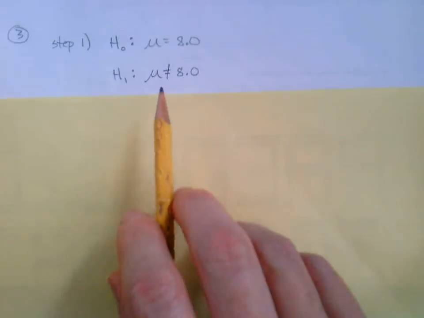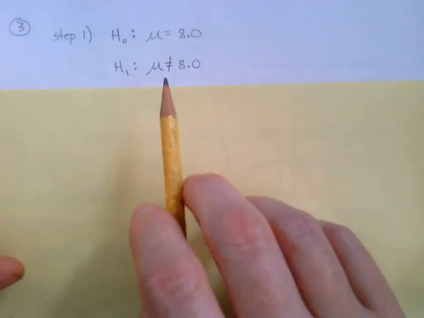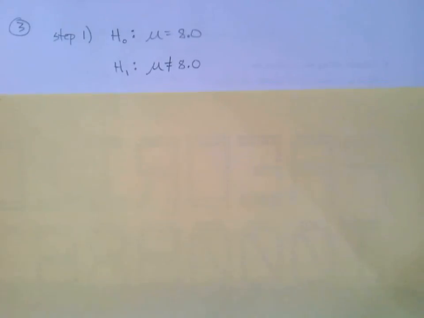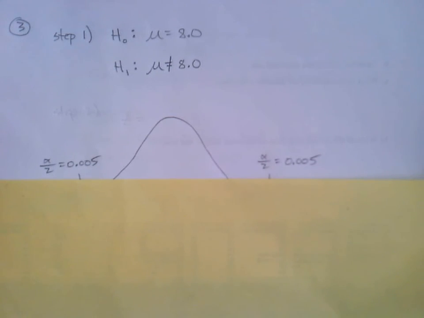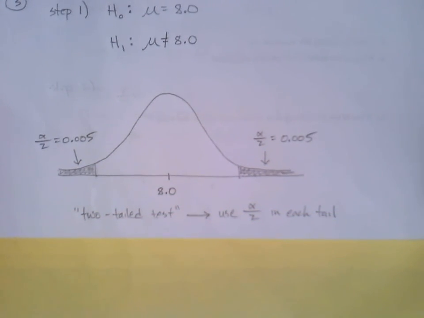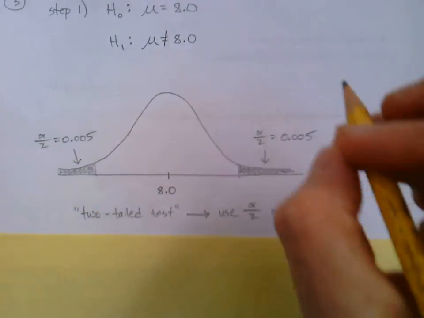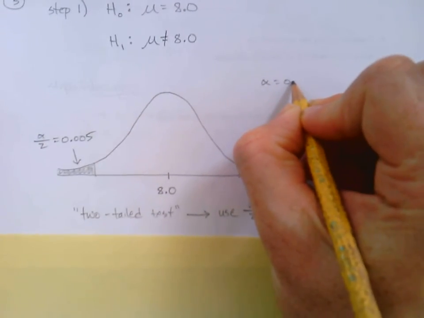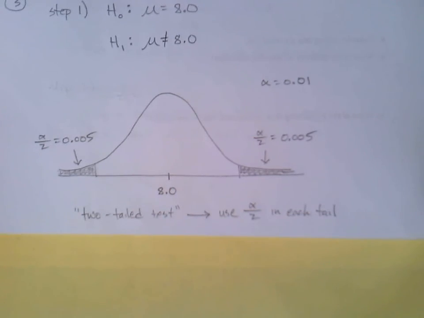Now this has a big effect on the alpha, as we were talking about. There's more to say about alpha here. If you don't equal, here's what's going on. Let me give you a drawing before we go any further. They said alpha is 0.01, which is in it already. That's a small significance level, 1%.